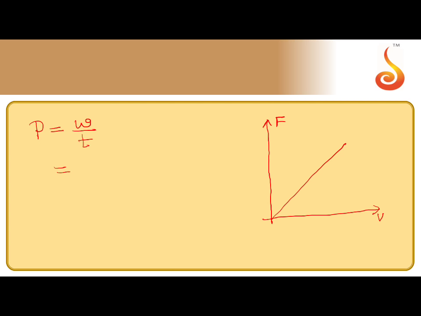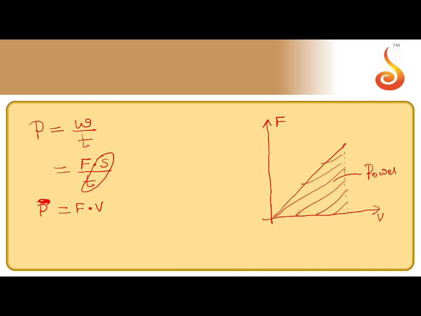Work done can be written as force into displacement divided by time taken. Displacement by time is nothing but velocity. Force into velocity also represents the power. So I can conclude that the area under the force and velocity graph will give you the work done, so sorry, power. This will give you the power.